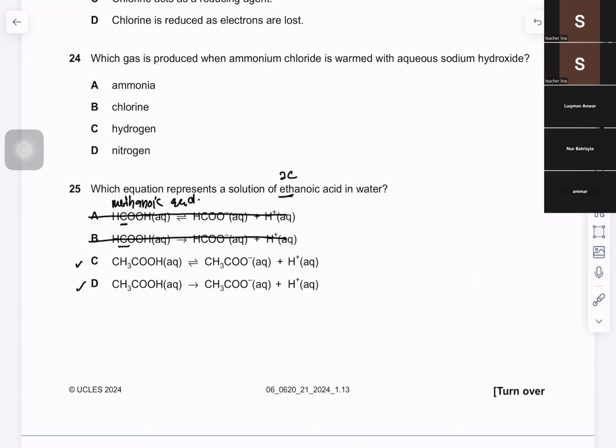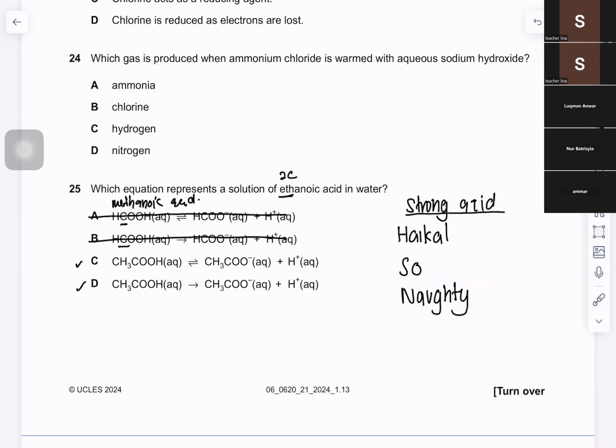Who follows teacher for acid base? Teacher made an acronym for the strong acids.